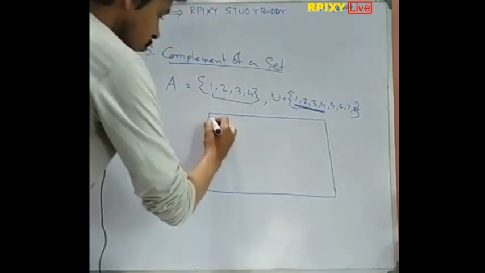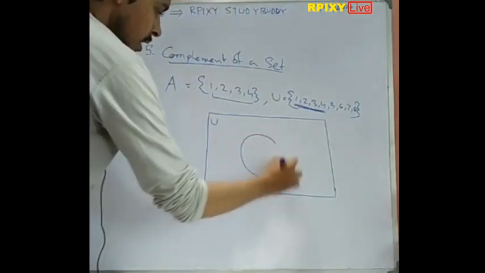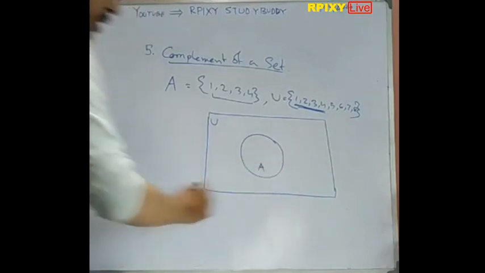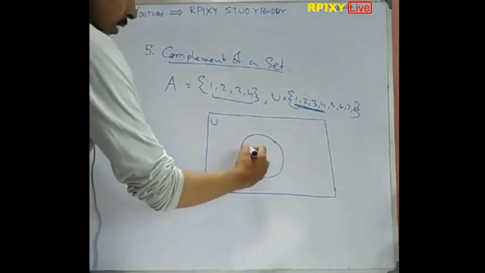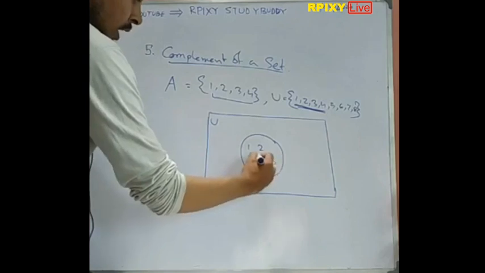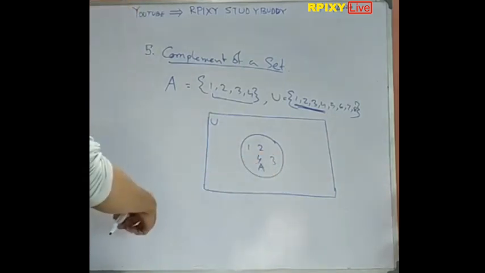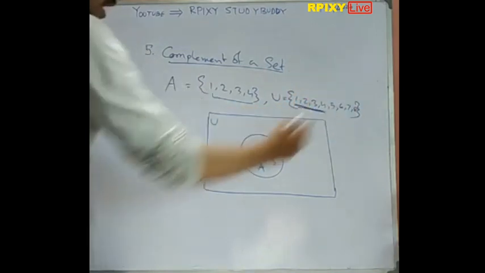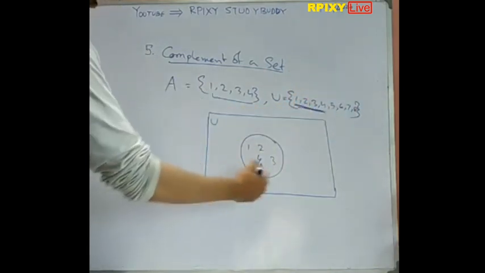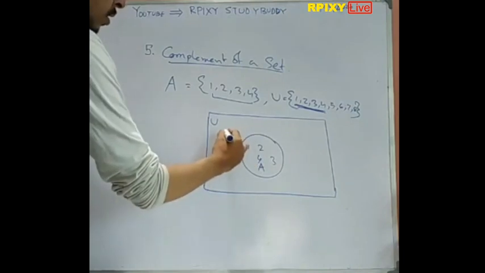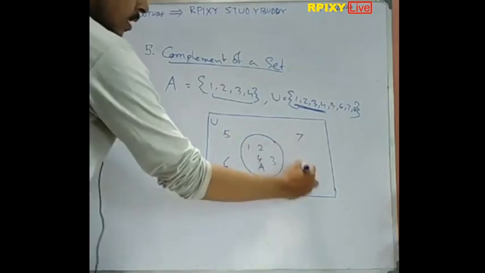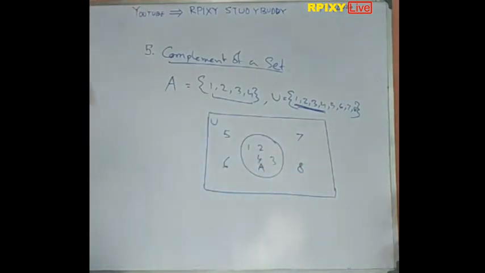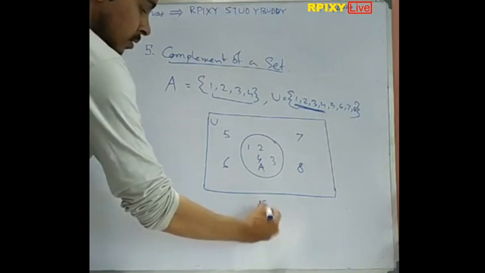Suppose this is the universal set and this is the set A. Inside A, the elements are 1, 2, 3 and 4. And inside the universal set, the elements are 1 to 8. Already 4 are inside A, which means 5, 6, 7, 8 will be outside of A. Now what will be the A complement?